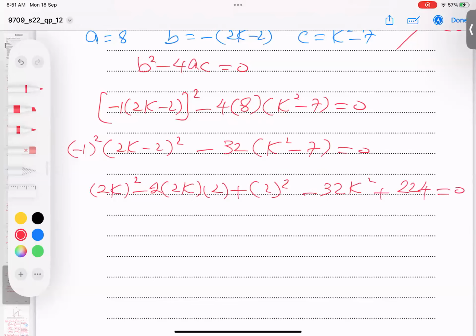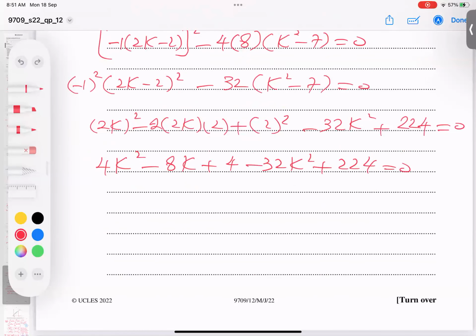So I think up till here it is clear. So I got 4k square minus 8k plus 4 minus 32k square plus 28 equal to 0. And this, if you check it, I get -28k to power 2 and -8k, and this gives you 32 equal to 0.